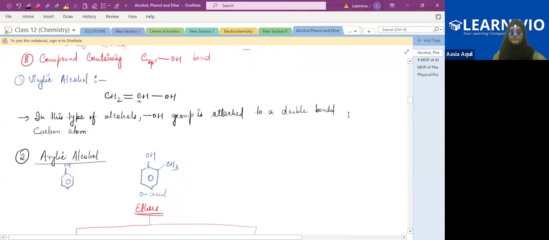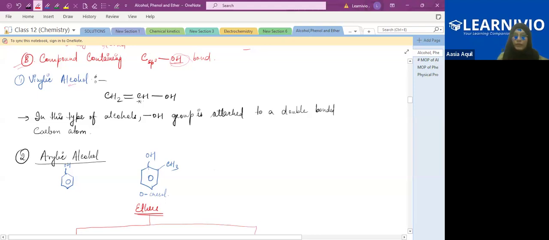The next one is vinylic alcohol. It is the second category, where the compound contains OH attached to an sp2 hybridized carbon, that is, a carbon-carbon double bond. So the first type is vinylic alcohol.